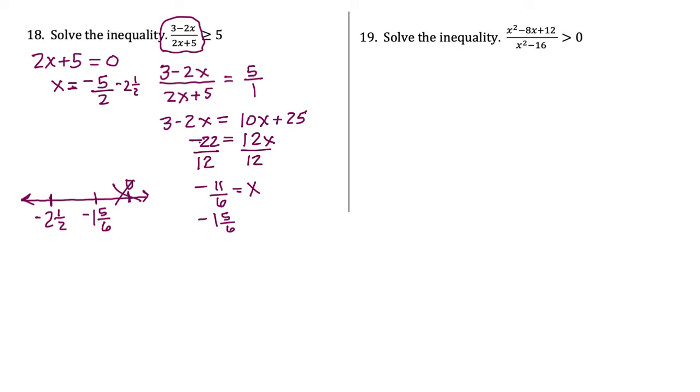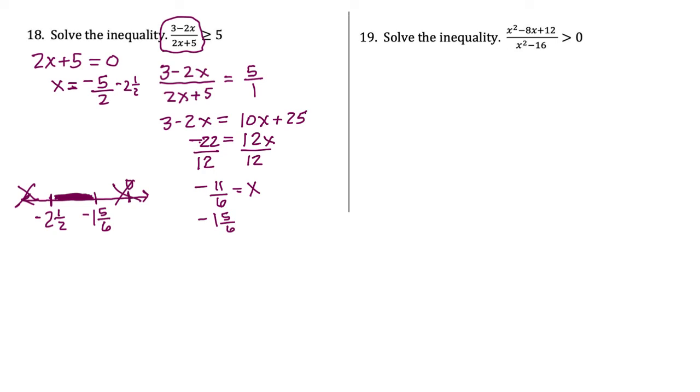So if that interval doesn't work, I bet this interval out here doesn't work. So which interval is probably going to work? This one right here. We can pick a point inside that and check it, but they are alternating, and y'all are starting to see that. So there's your interval.